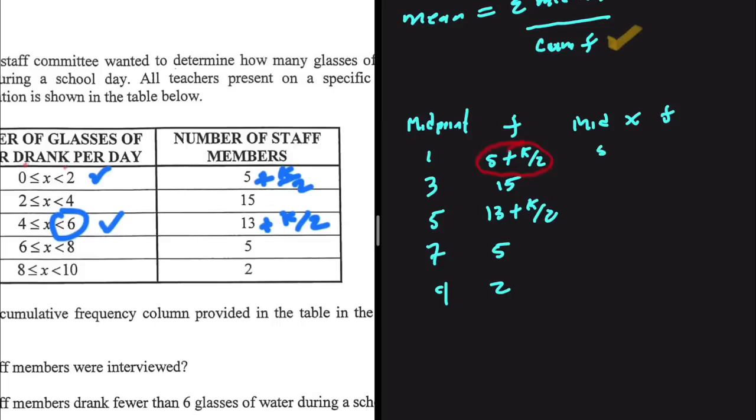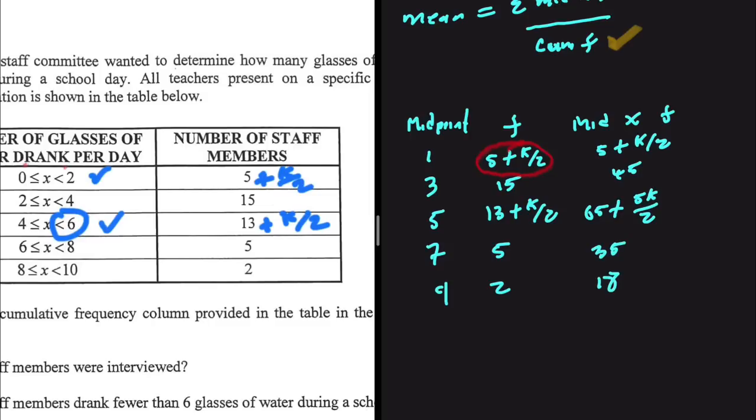That will just give us 5 plus k divided by 2. 3 multiplied by 15 is 45. And then 13 multiplied by 5, let me put that in my calculator real quick. I have 65 plus k divided by 2 multiplied by 5, so I have 5k divided by 2. 7 multiplied by 5 is 35. And 9 multiplied by 2 is 18.